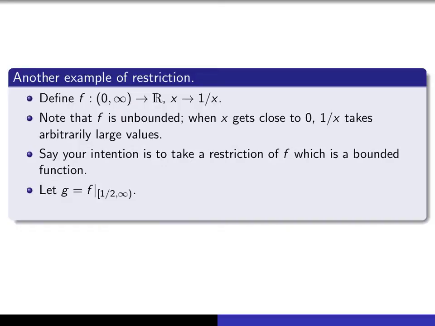So if you take g to be the restriction of f to the interval from 1/2 to infinity, you're bounding x away from 0. You're not allowing x to get too close to 0 by doing this. Well, then you get a new function. It agrees with f, at least on this part of its domain, but now it's bounded. g is in fact a restriction of f to this particular interval here.